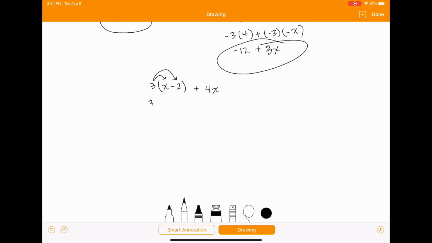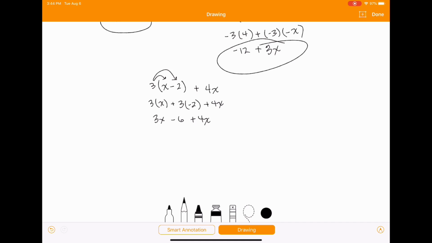So we're going to have 3 times x plus 3 times negative 2 plus 4x. So 3x minus 6 plus 4x.